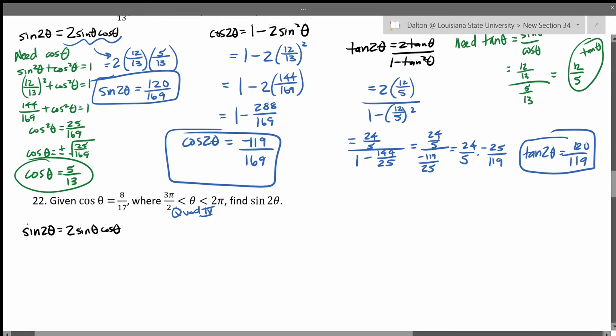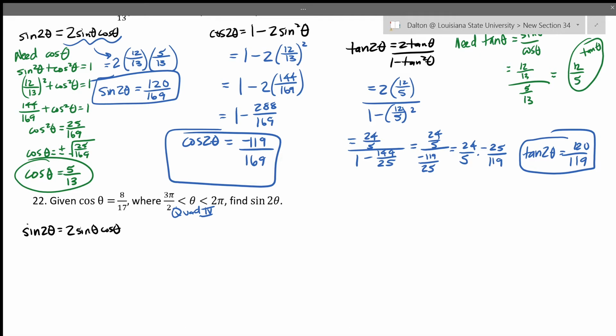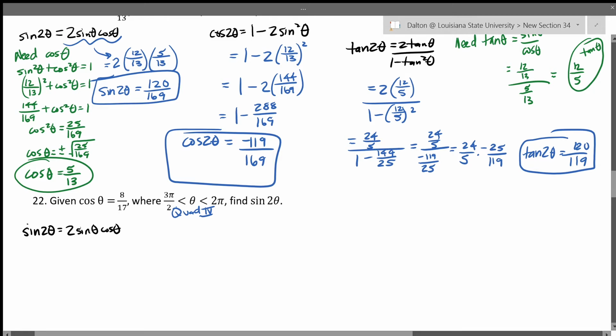Well, I already have cosine theta. I know cosine theta is 8 over 17. So the only thing that I need is sine theta. If I need sine theta, again, I can use a Pythagorean identity. I can say sine squared theta plus cosine squared theta equals 1. Sine squared theta plus 8 over 17 squared equals 1.